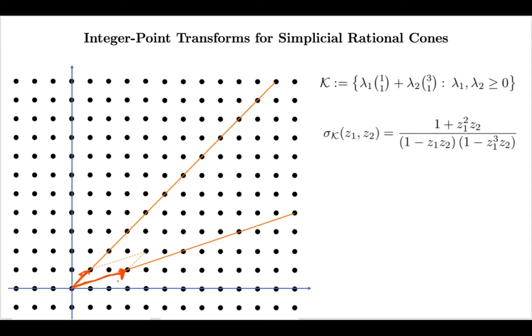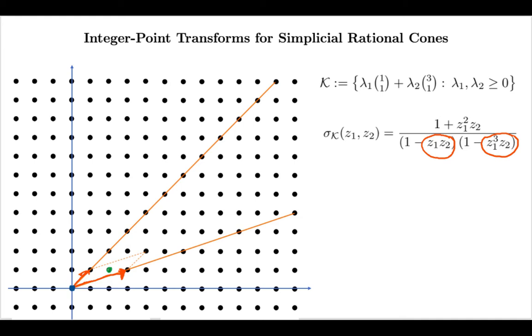To write down the integer point transform, on the one hand, in the denominator over here, you see the vector (1,1) encoded as a monomial, and then the vector (3,1) encoded as a monomial. So these are the generators. And then up on top, you see the points in this fundamental parallelepiped encoded.